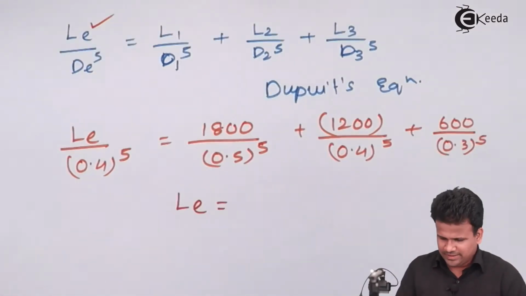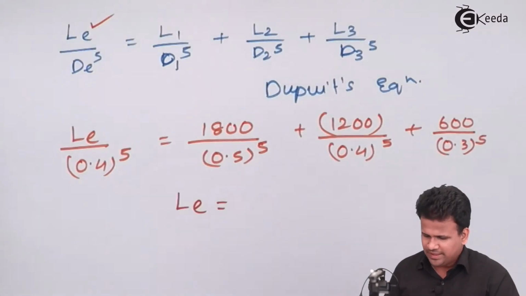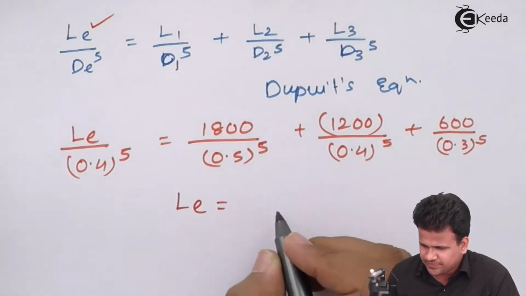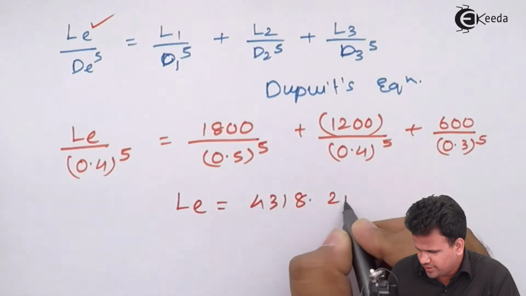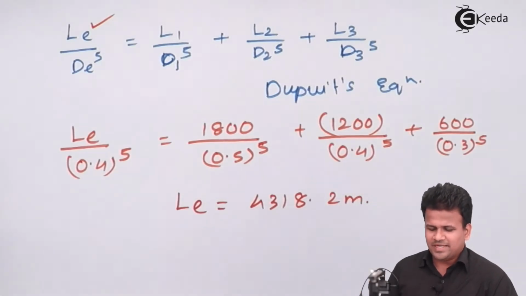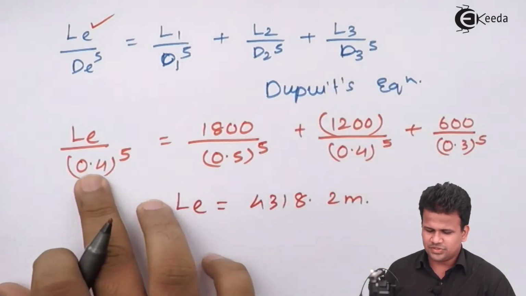So the equivalent length LE will now become equals to 4318.22 meters.